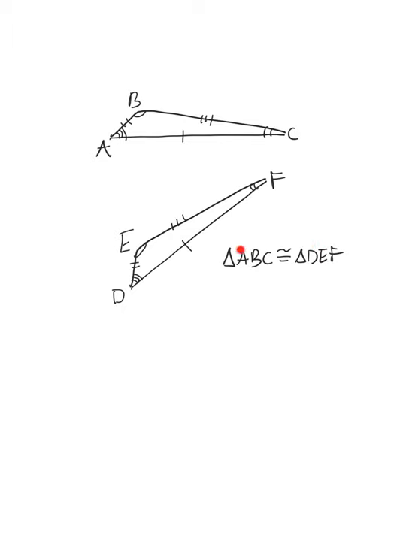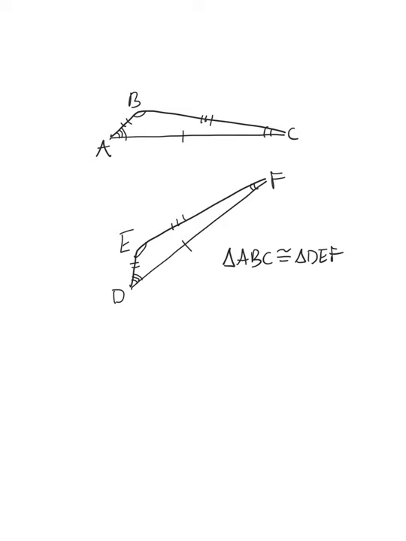So the vertex A corresponds with D, B corresponds with E, and C corresponds with F. So the line segments made up of them correspond as well. So DE and AB have the same length. DF and AC have the same length. So here's AC, DF, so you can see they're in the same place in the notation. And BC is the same as EF.